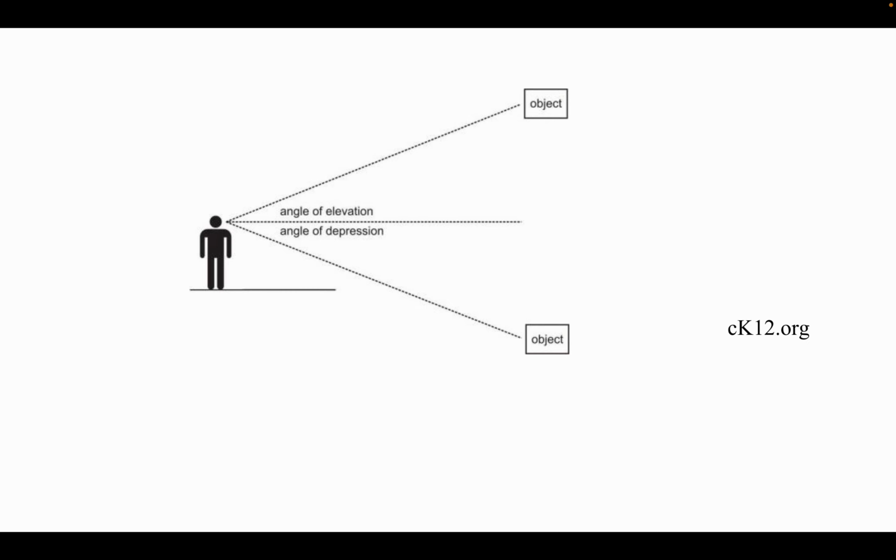Line of sight, looking straight forward, is basically your starting point, or your 0 degrees. If you have to look up at something, that's an angle of elevation. You're elevating your head. If you have to look down to see something, that's an angle of depression. It's a dip down.